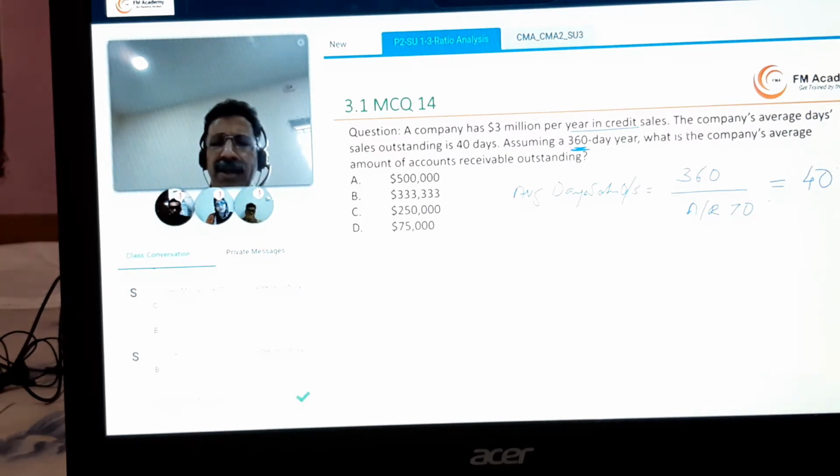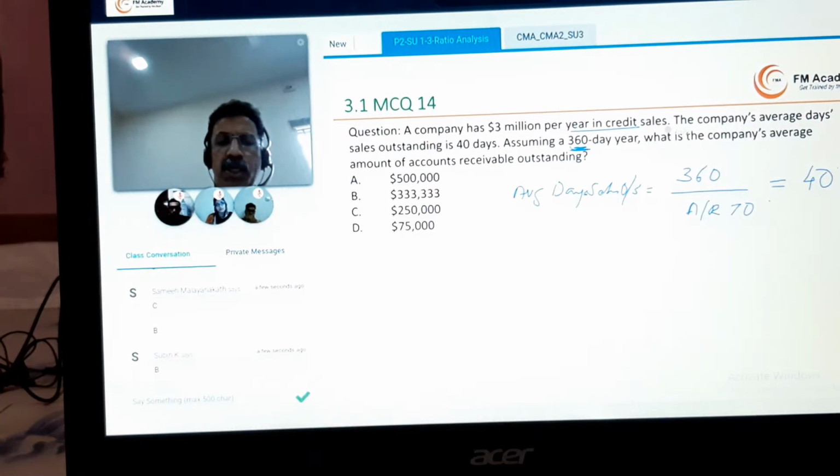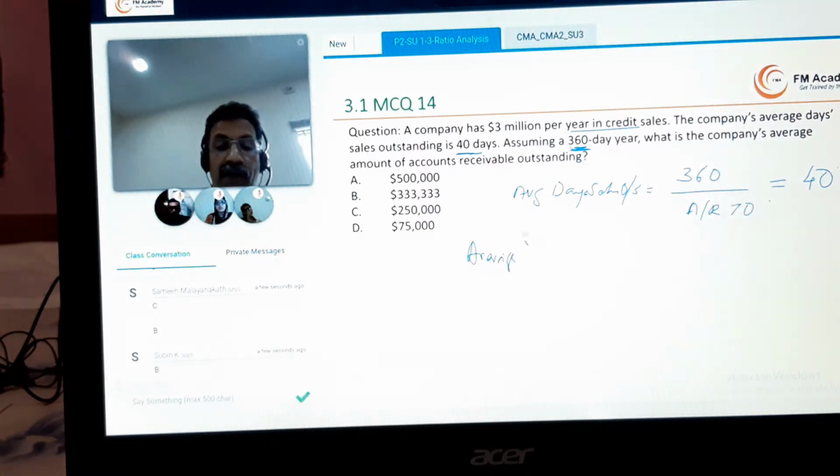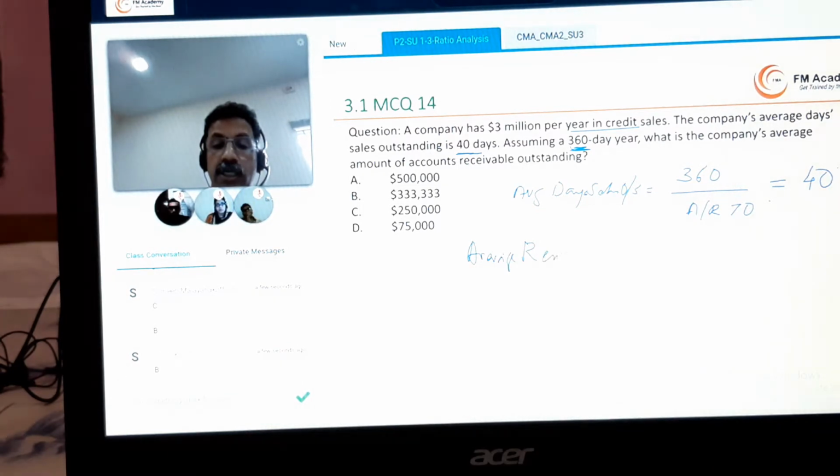You don't have to really go by all these formulas. If you understand the concept, you have the 40 days outstanding in the receivables. So how much is the average receivable outstanding? Immediately, with the given, if you really know the concept, average receivables is 40 days sales.